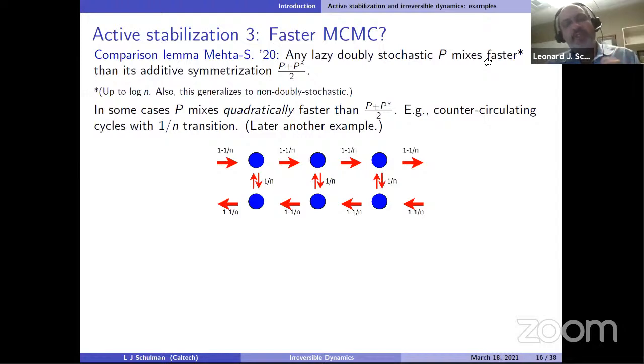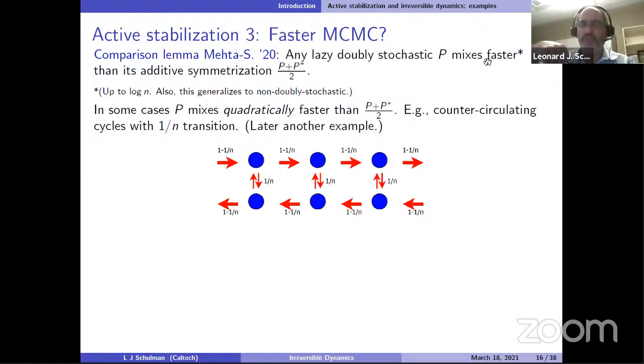So I'll just want to mention that there's a not very hard comparison lemma that I proved with my student. I'm not even sure it's new, but as far as we know, it's new. It says if I take any doubly stochastic P, so not generally symmetric, and I look at what's called its additive reversibilization or additive symmetrization, P plus P star. P star is the time reversal chain.